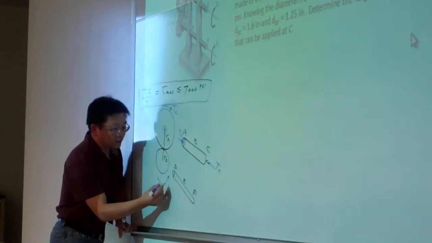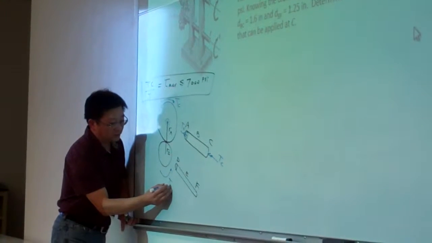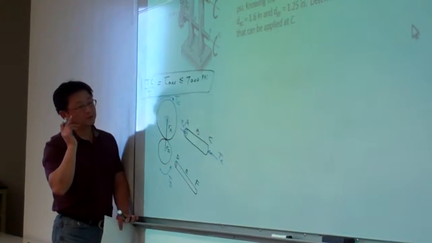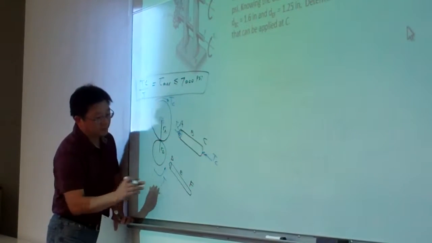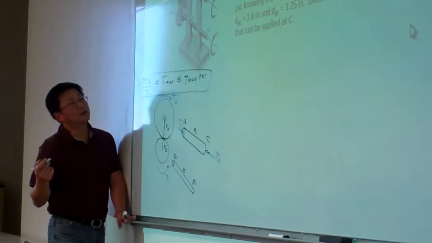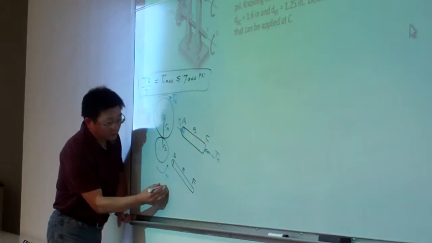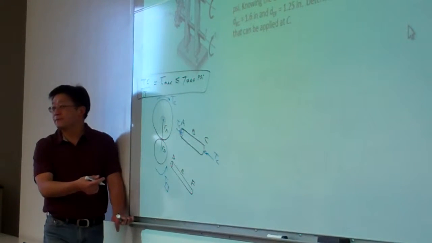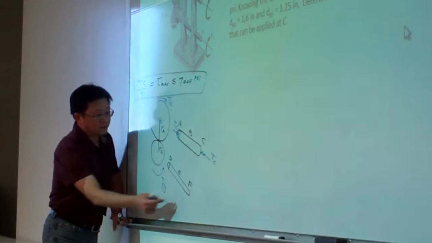So here should be TD. Let me call it T. Let me leave a symbol here. Let me fill up the symbol later. And this symbol will be related to here.